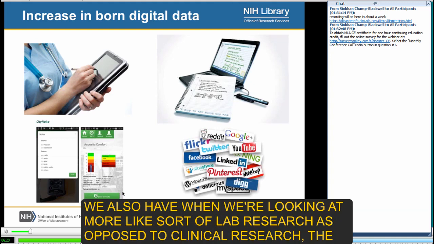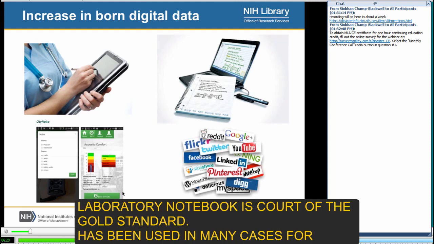When we're looking at more lab research as opposed to clinical research, the laboratory notebook is the gold standard for recording information about an experiment that you're conducting. That typically has been in the form of pen and paper, an actual physical notebook. But a lot of researchers are moving to electronic lab notebook solutions where they're entering their data into a computer.